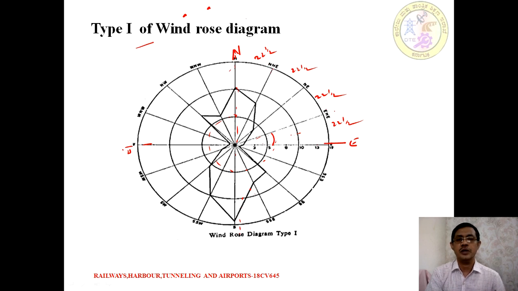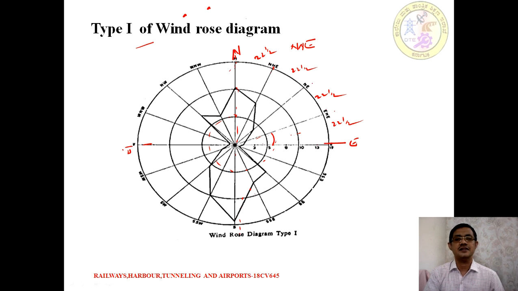Then we are going to name each of the sectors like this. Say for example the first sector, if you bisect from the north, which has 22.5 degrees, as it is in the northeast quadrant, it is near to the north direction, hence this direction is going to be north northeast.